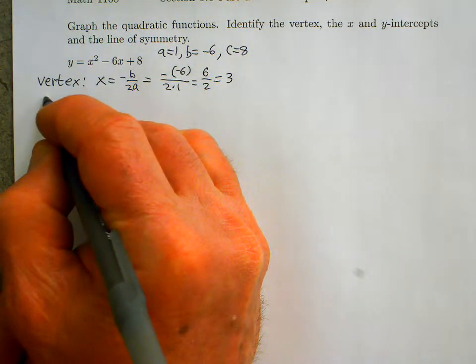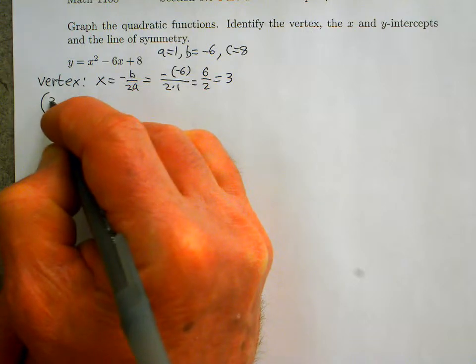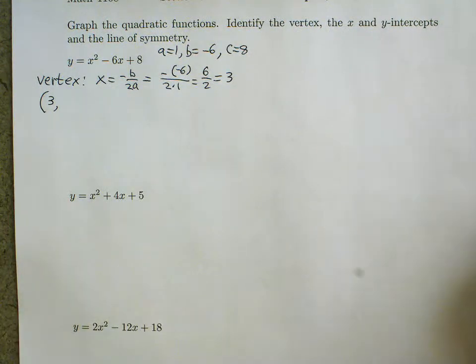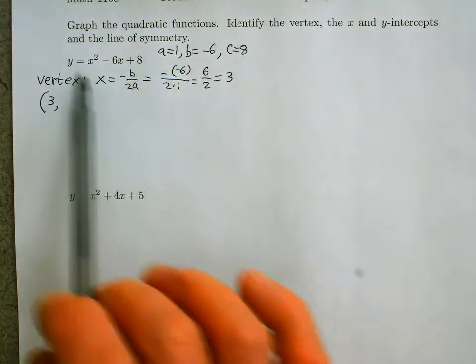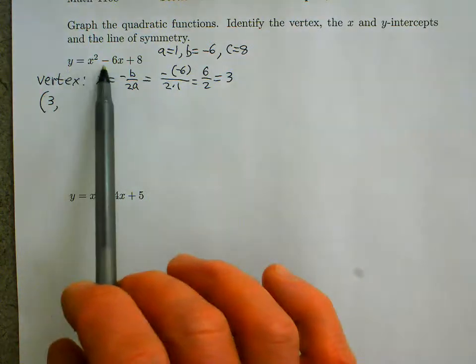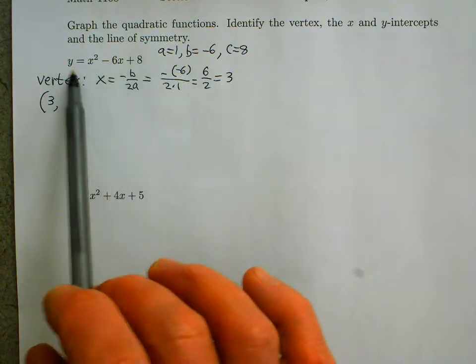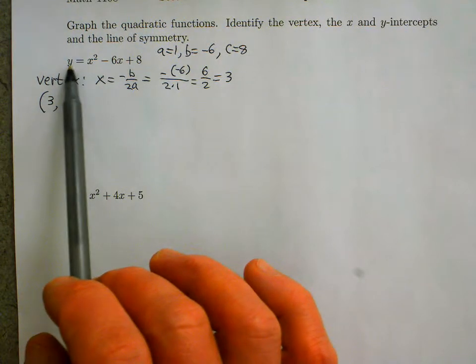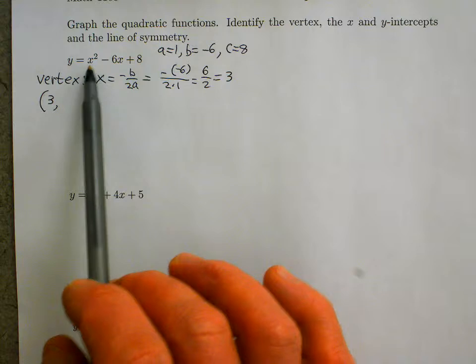How do we find the Y coordinate of the vertex? Remember this y equals x squared minus 6x plus 8? This is a formula for finding the Y coordinate of a point when you pick an X coordinate.